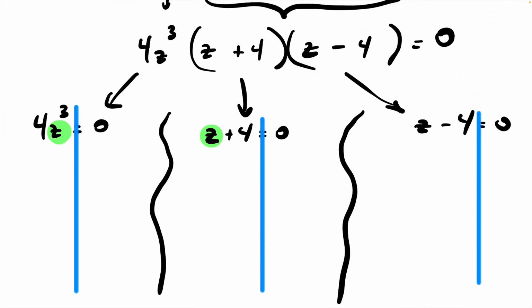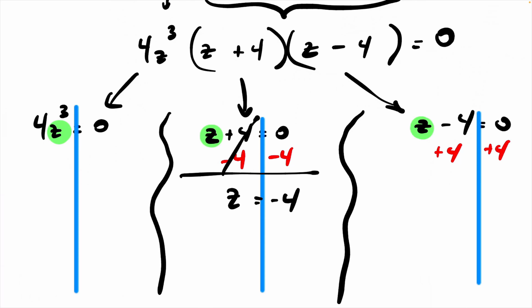X, x, x. Got to get x by itself on the blue line every time. So these guys are the easy ones. You just subtract 4 over here and add 4 over here. Z equals negative 4.